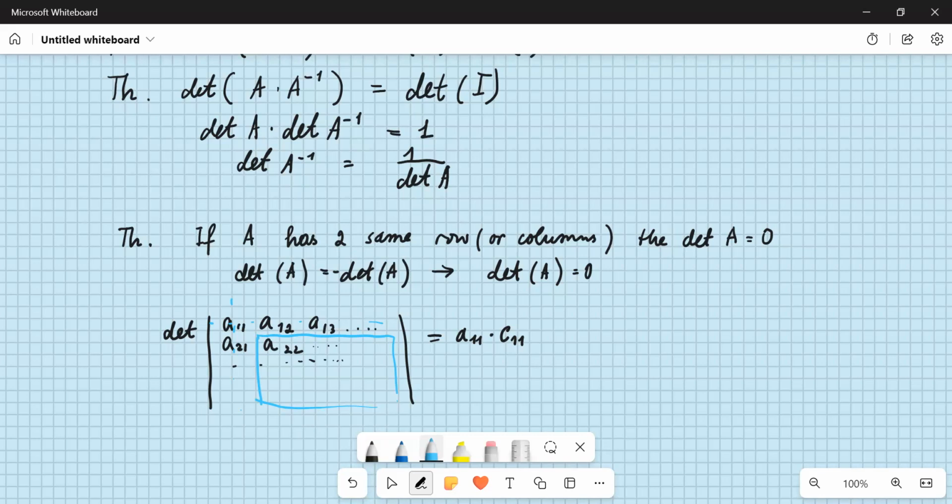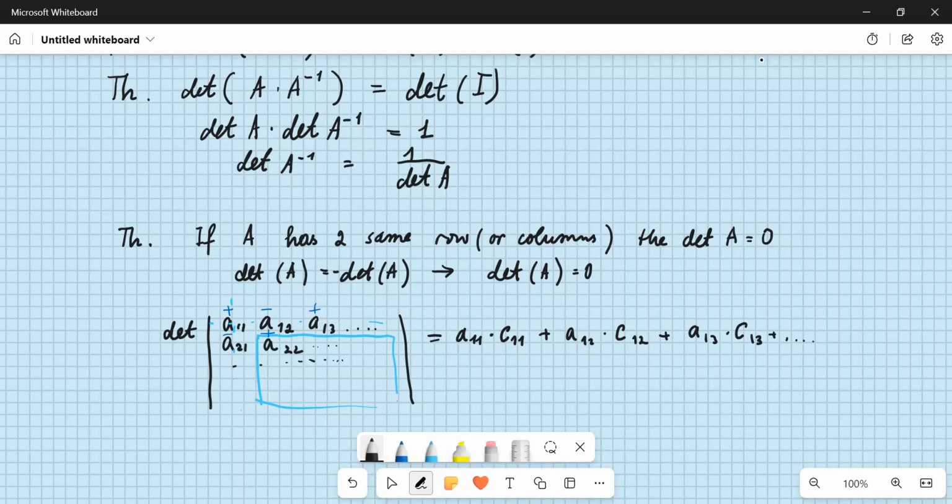It's also going to be multiplied by either +1 or -1 using the checkerboard rule, right? So let me continue and write down some more cofactors. So element multiplied by its corresponding cofactor, element multiplied by its corresponding cofactor, and so on.